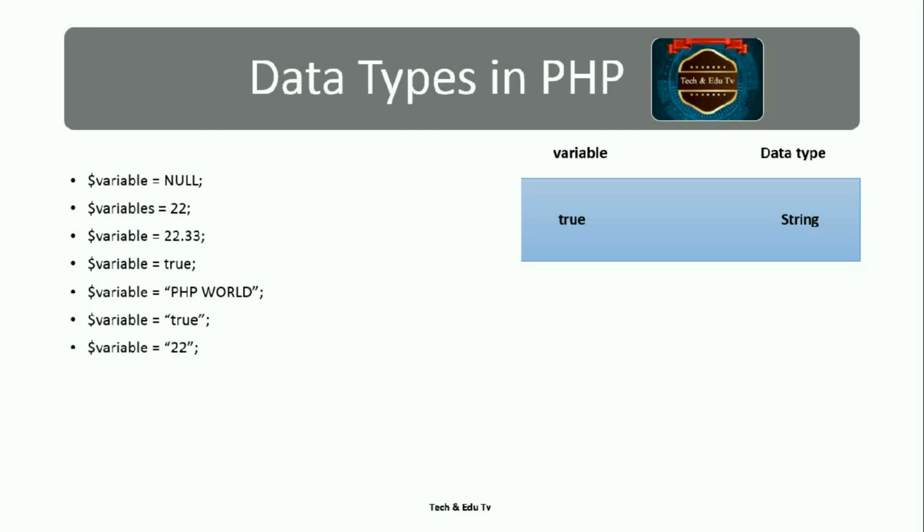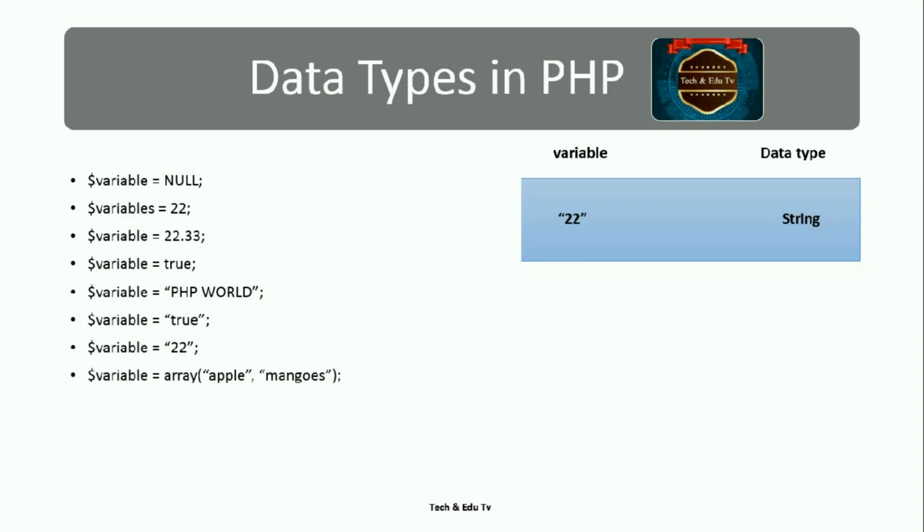We will see this practically. And we earlier used 22 as an integer data type, but if we put 22 inside quotation marks, it will also have the string data type.